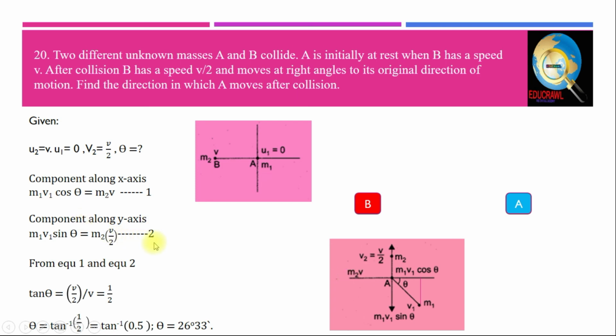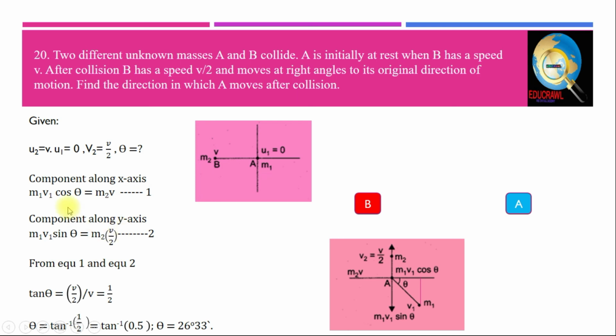Similarly, along the y-axis, m1 v1 sin theta is equal to m2 into v/2, since the velocity is halved. So these are the two equations.